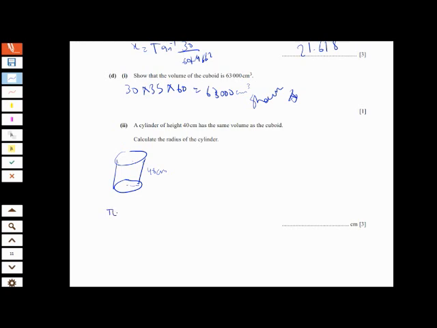The area of the circle is pi r squared, times the height, which is 40. This is the volume of the cylinder, which also equals 63,000, as mentioned above. So I divide both sides by pi times 40. You will be left with r squared equals 63,000 over pi times 40, which is 501.338.